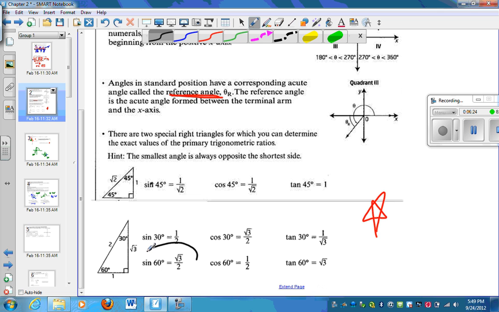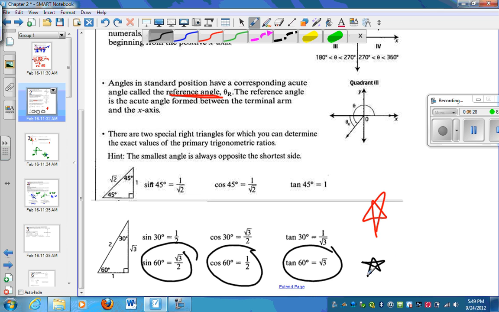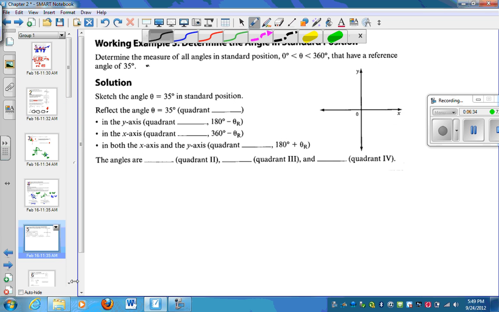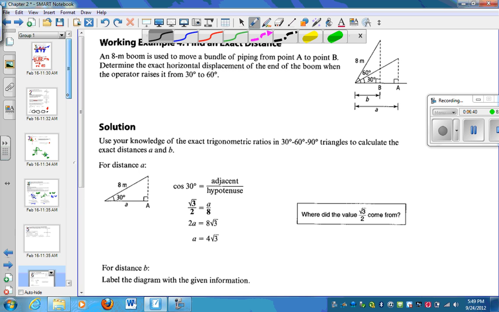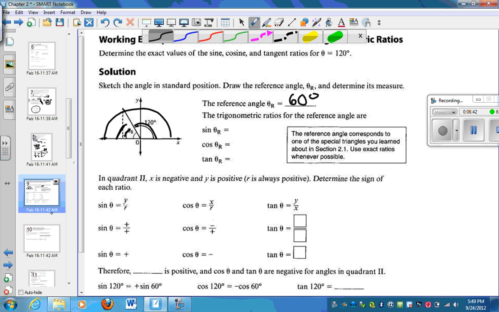We know sine of 60, cos of 60, and tan of 60. These are exact values that you're going to write on a formula sheet. These are things you need to know. Okay, let's go back to where we were. Here's where we were. Oh, Ms. Cancelon has a bad memory.